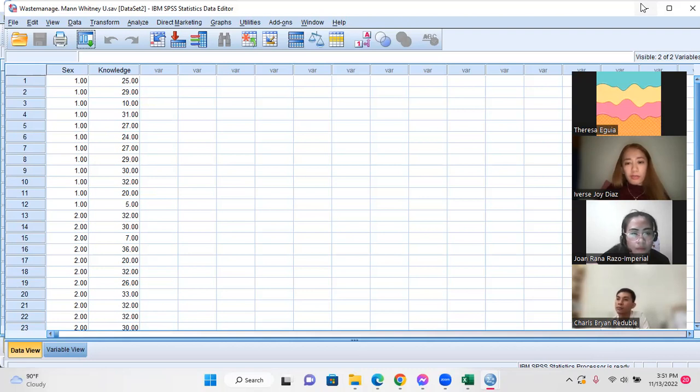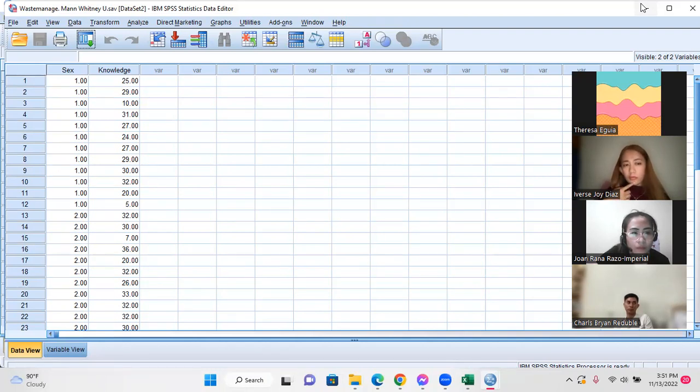Maka-affect siya. Halimbawa, especially, naka-scale pala siya, tapos naka-nominal. Ang mangyayari niyan ay hindi niya mari-read.